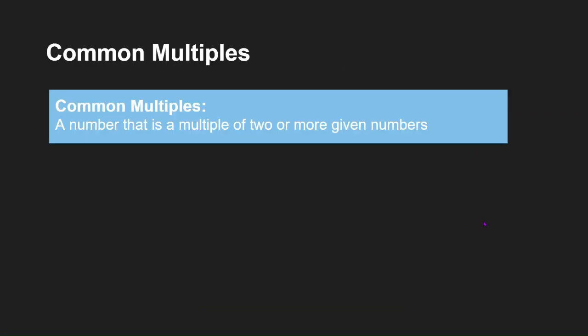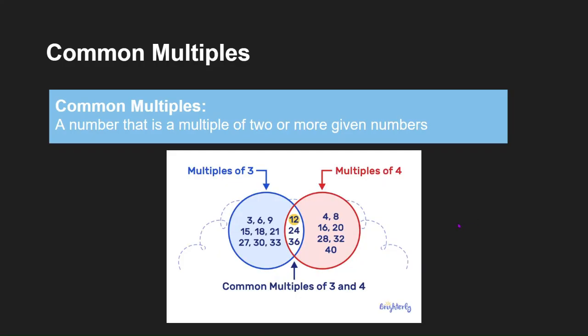Okay, so let's talk about common multiples now. A common multiple is a number that is a multiple of 2 or more given numbers. So if we look at this nice Venn diagram here, we can see some multiples of 3 and some multiples of 4, right? Multiples of 3 are 3, 6, 9, 12, 15, 18, 21, 24, 27, 30, 33, 36.